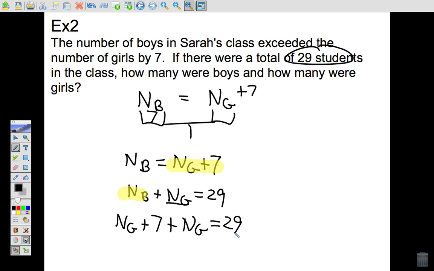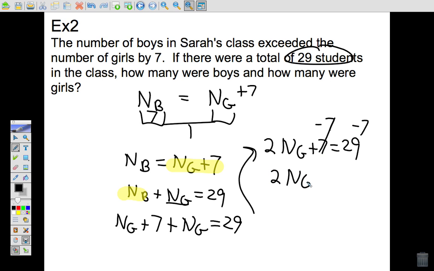And if I solve that, I have 2NG plus 7 equals 29. Now if I solve it and subtract 7, so I have 2NG is equal to, let's see, 29 take away 7 is 22. So NG is equal to 11. So the number of girls then is equal to 11.